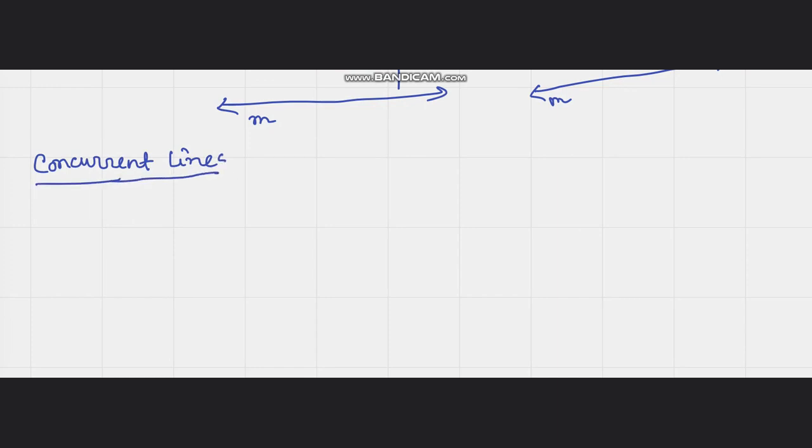Concurrent lines are three or more lines that all pass through the same point. That is called concurrent lines.